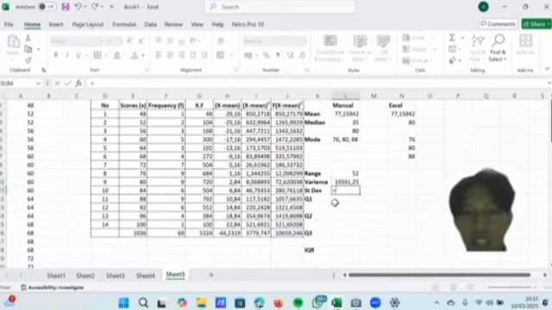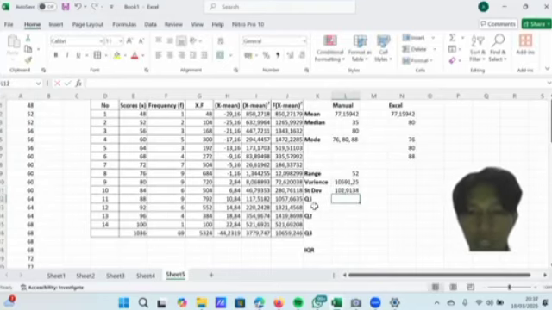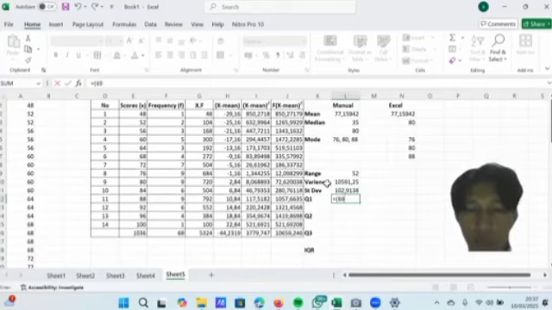Okay, for the standard deviation, it is SQRT of the variance. And for the position of quartile 1, it is the amount of the data plus 1, divided by 4, sorry.